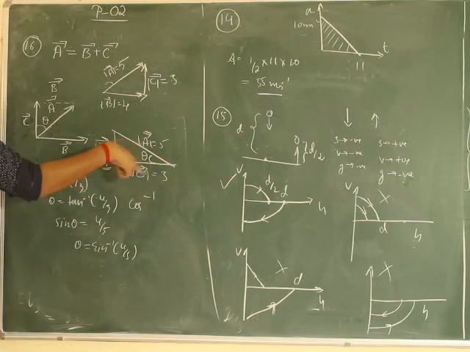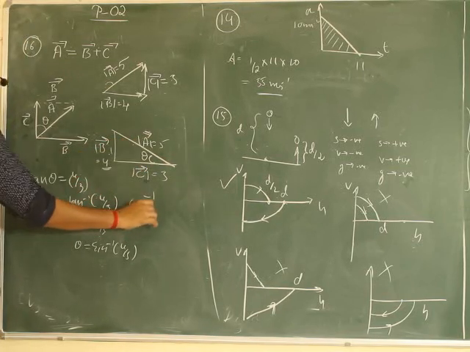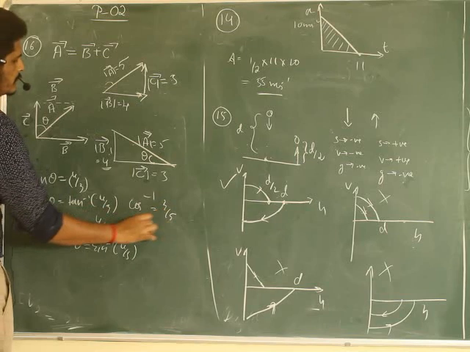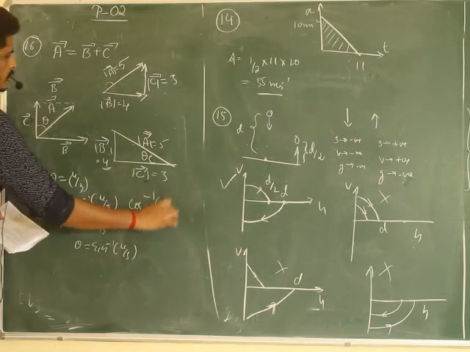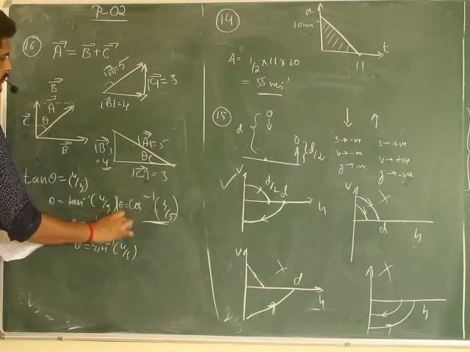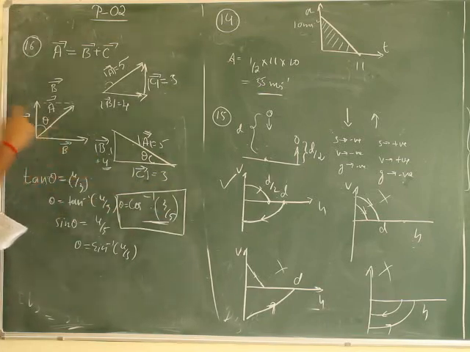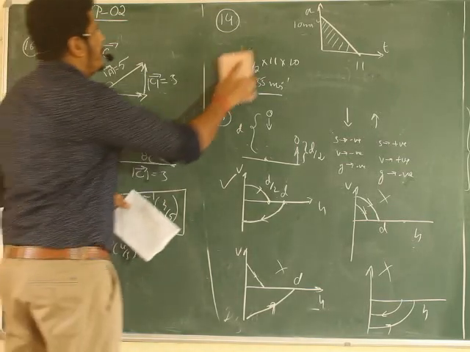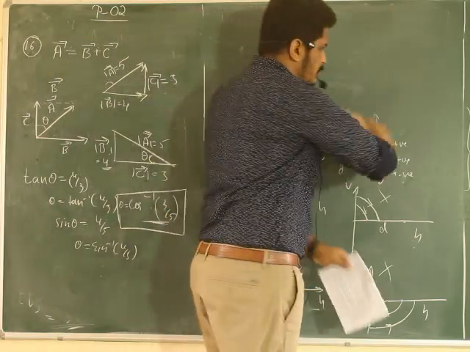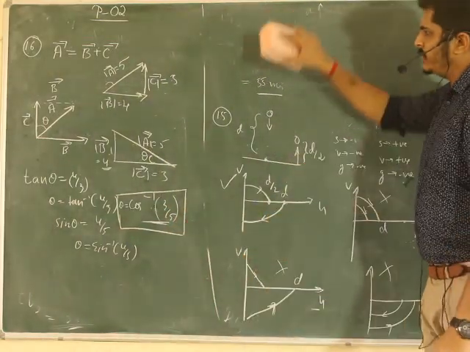Adjacent side by hypotenuse, so I will write 3 by 5. Theta equals cos inverse of 3 by 5. So the option is there, and that option is the 16th one, option A.